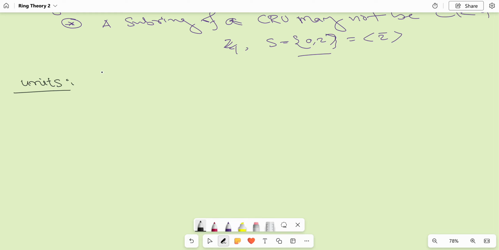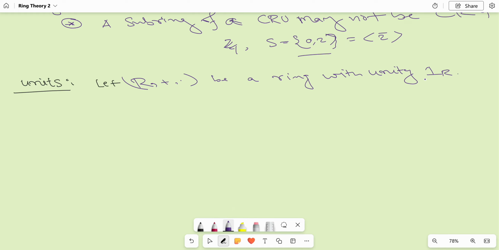Let R, plus, dot be a ring with unity 1R. For a unit you must have a ring with unity.